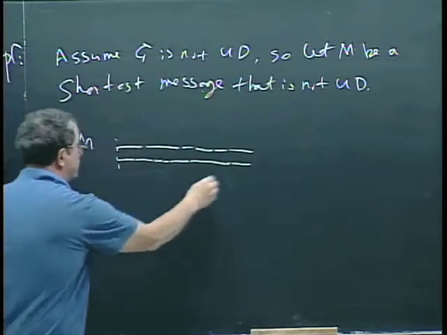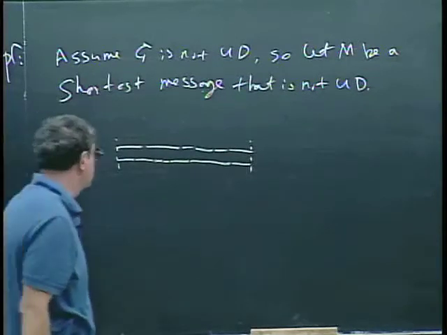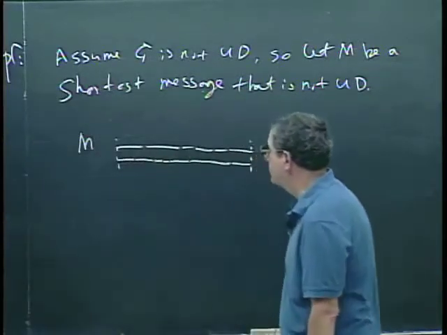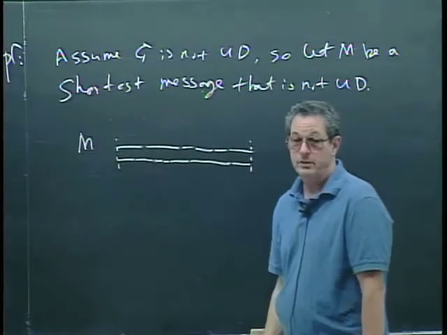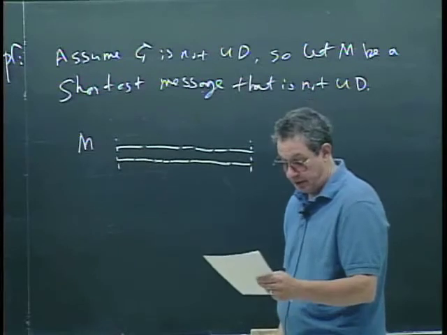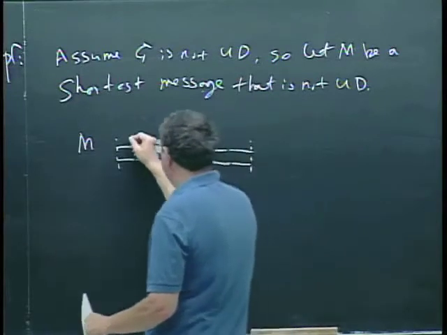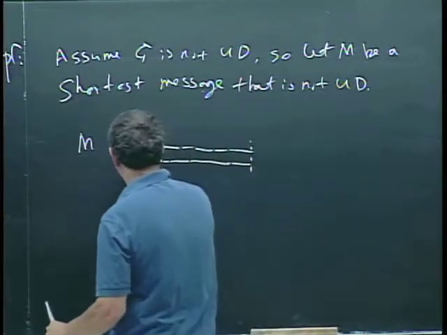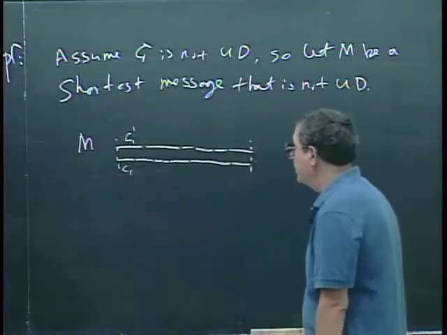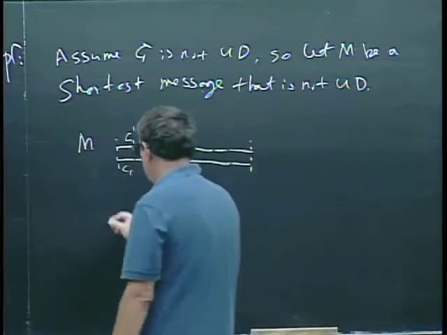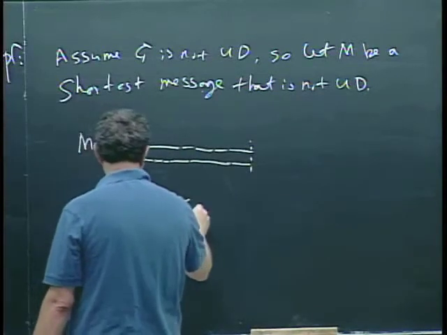But of course, these two parses are the same length because they're both spelling out M. And what we started off with last time was looking at the two first code words in the two respective parses. One I labeled C1 prime, and the other one was C1. So these are two code words. And what we argued last time was that the length of C1 prime cannot be equal to the length of C1.